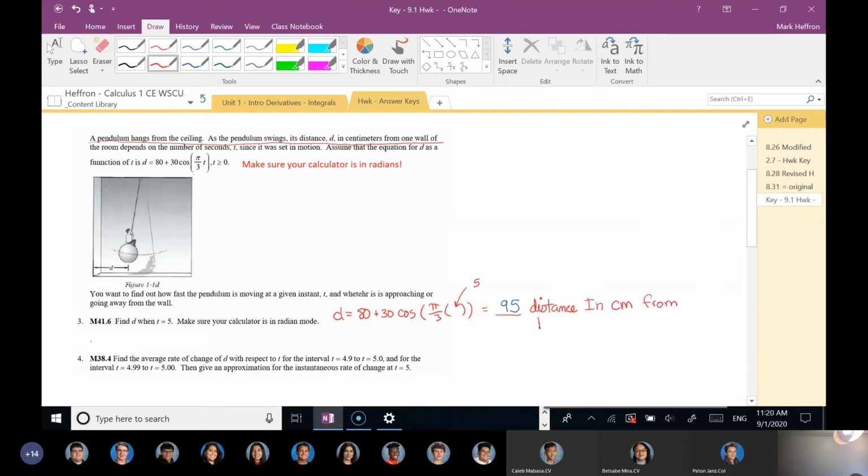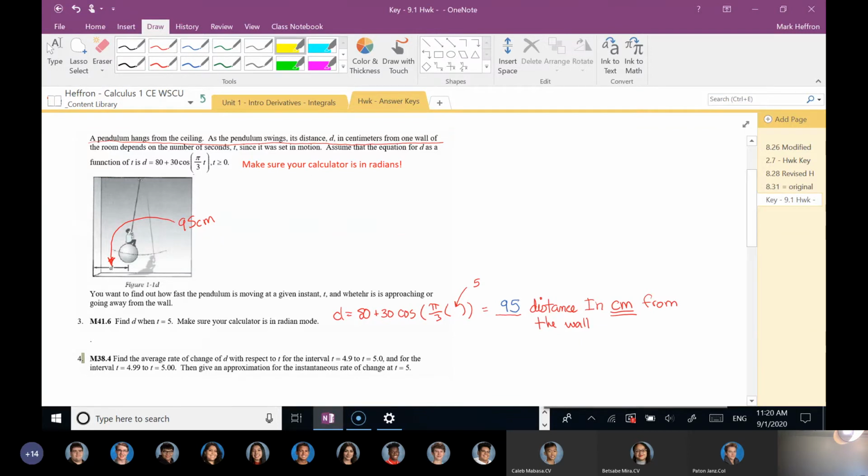Distance in centimeters from the wall. In our case right now at 5 seconds, that d is 95 centimeters. That's all that represents. D is in centimeters, and it's a distance.